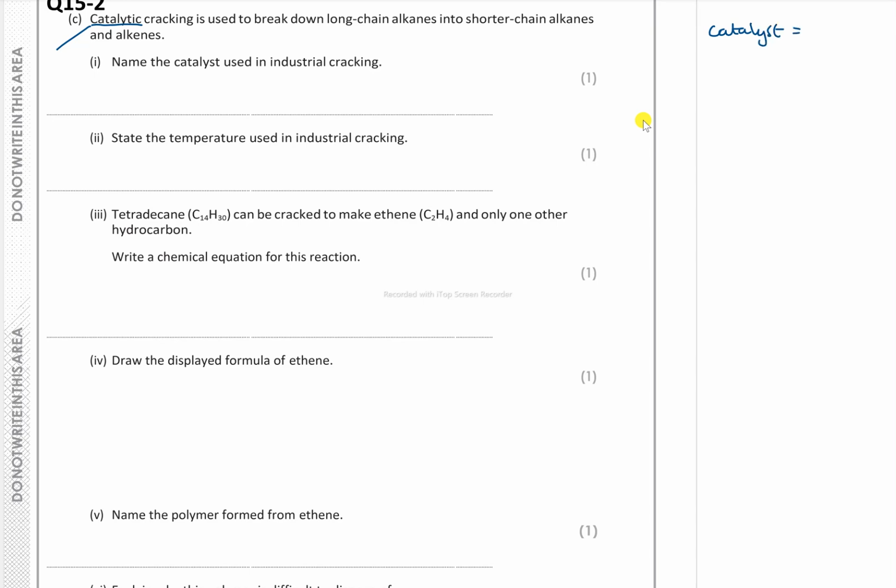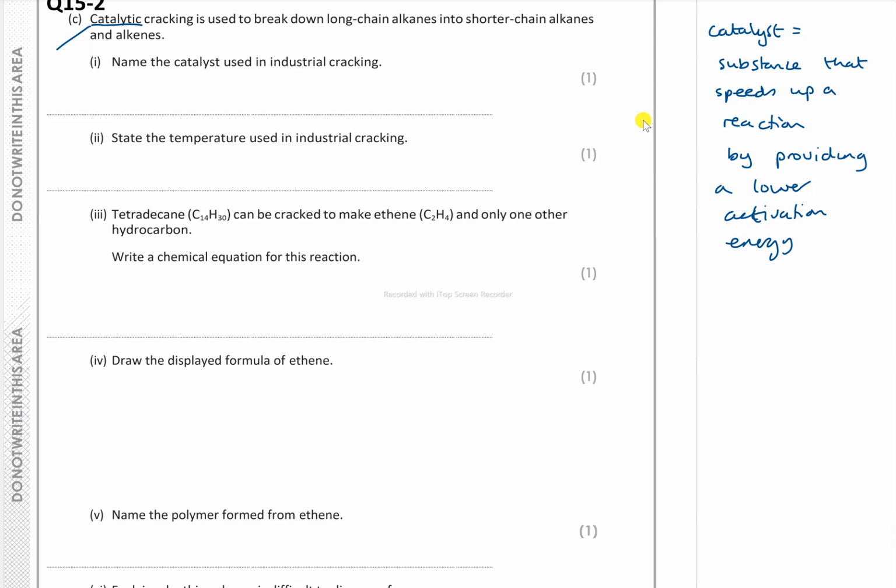Catalyst is a substance that speeds up a reaction by providing a lower activation energy, but is not used up itself.